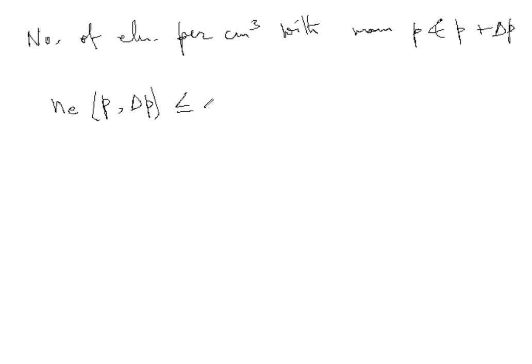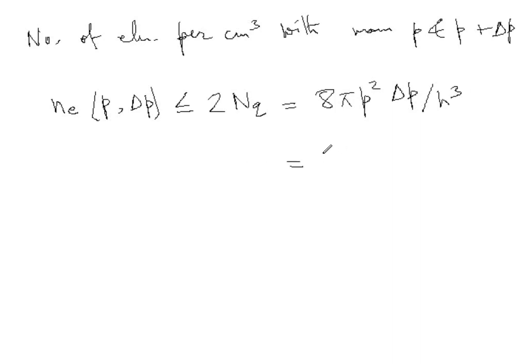This can at most be, yes. Why 2? Because electron has 2 spins, right? Positive spin and negative spin. We can have 2 electrons in a single quantum cell. And this is equal to 8 pi P square delta P by H cube.